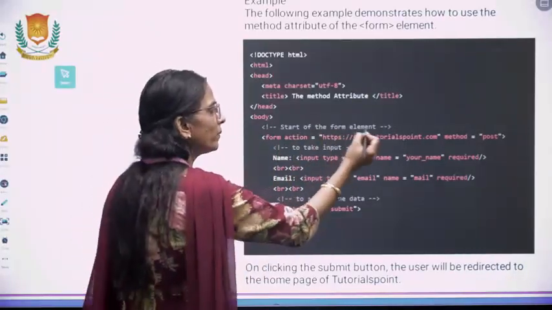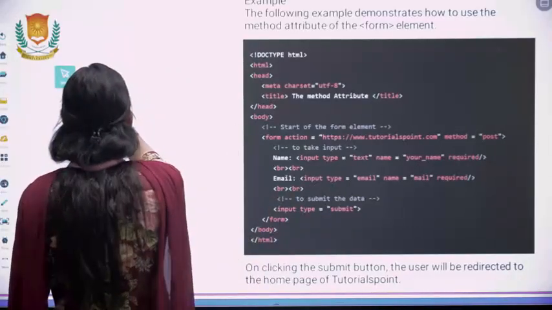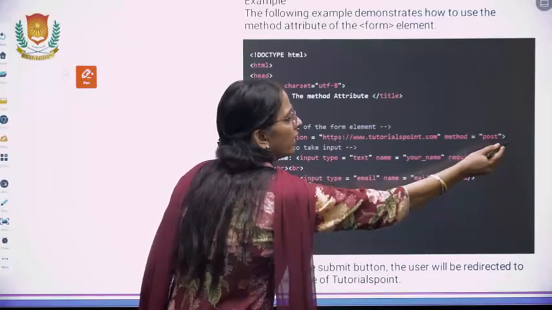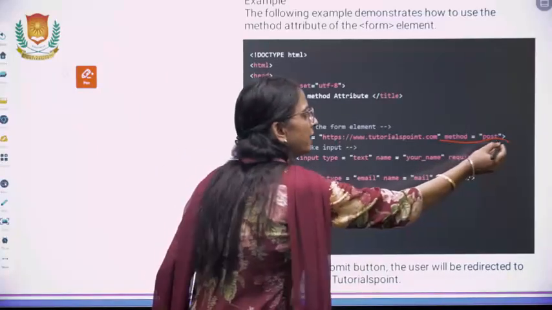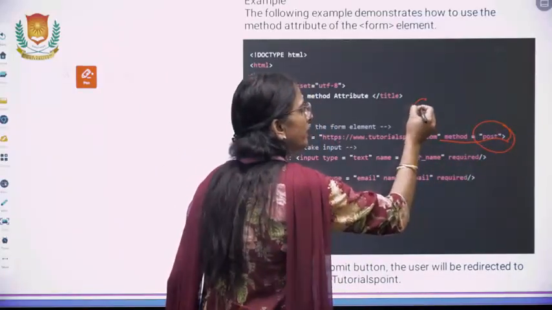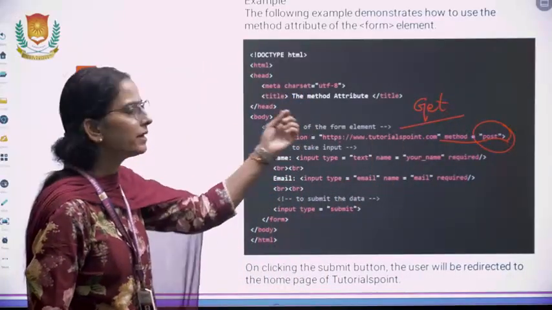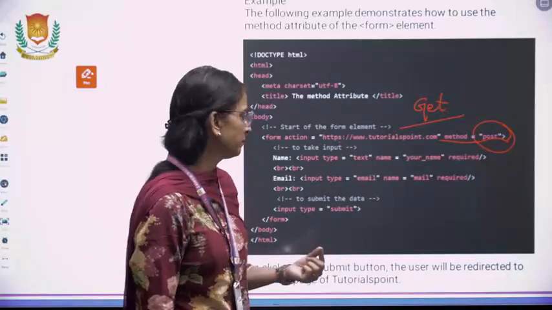In the action, you will write the name of the website, and then with the name of the website, here you can specify. If you do not specify post, it will be taken as get only, because get is the default method, set inbuilt.